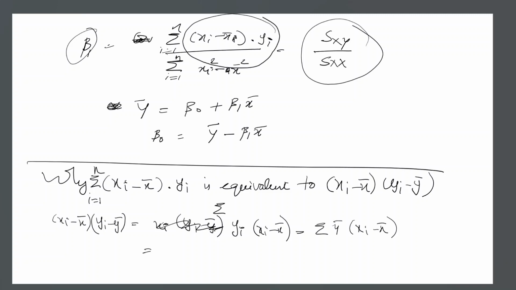Again, this can be written as the sum of yi into xi minus x bar, minus y bar, which we can take out, into the sum of xi minus x bar.